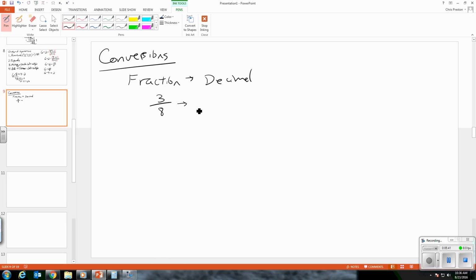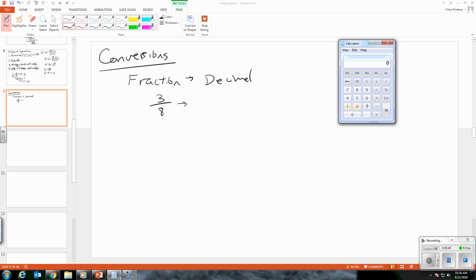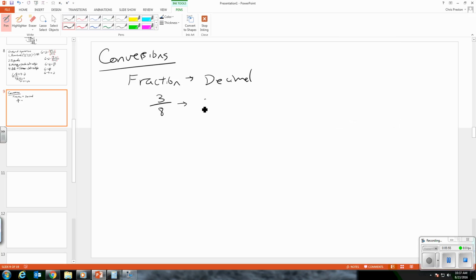The way to do that is I divide, and I've already talked about that. I'm just going to use a calculator here and say 3 divided by 8 equals 0.375. Just type it in there like a division, and that's how you convert it.